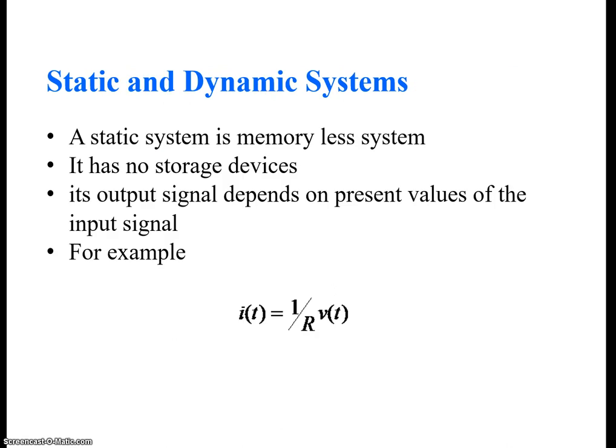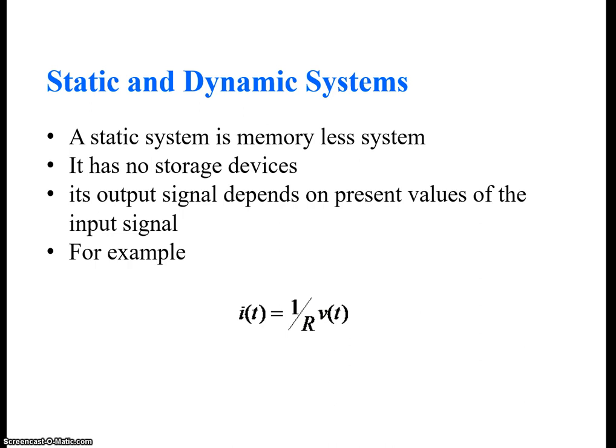The fourth property we'll discuss is static and dynamic systems. The static system is also called a memoryless system, whereas a dynamic system is called a memory system. A static system is a memoryless system. It has no storage devices. In terms of signal, the present value of output depends upon the present value of input signal only.